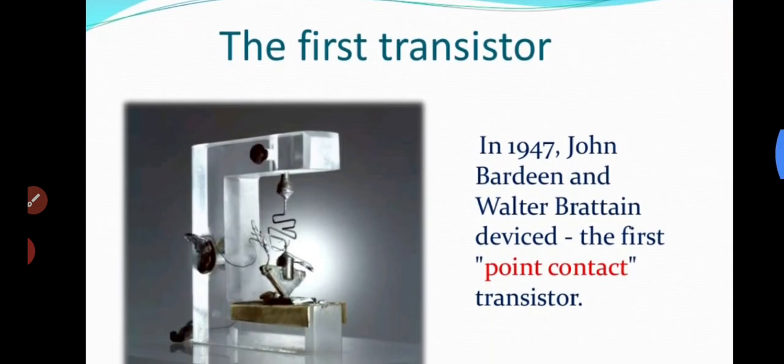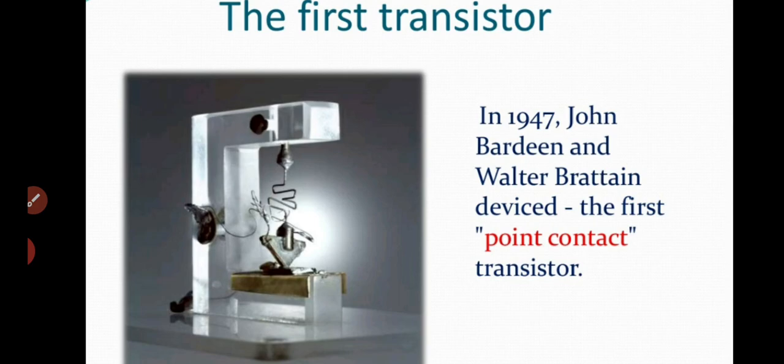The first transistor, point contact transistor. In 1947, John and Walter, working together on experiments and theories of electric field effects in solid state materials, with the aim of replacing vacuum tube with a smaller device that consumes less power, made the point contact transistor.